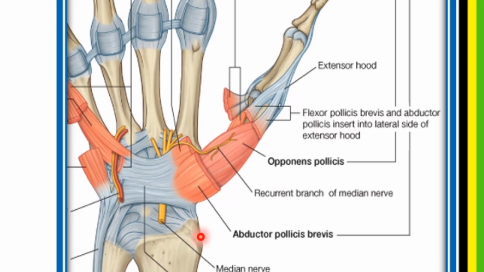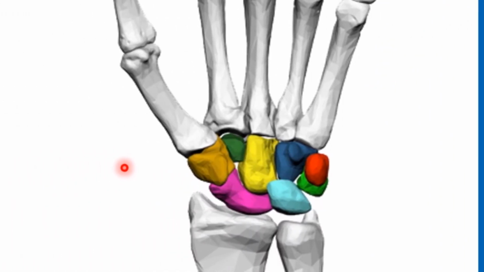Now look at the origin. We'll look at this other diagram to enable us appreciate the origin. Remember, for this diagram, here is the medial side, and here is the lateral side. Now the origin is from the tubercle of the trapezium. If you can recall, here is the scaphoid, and then this is the trapezium.